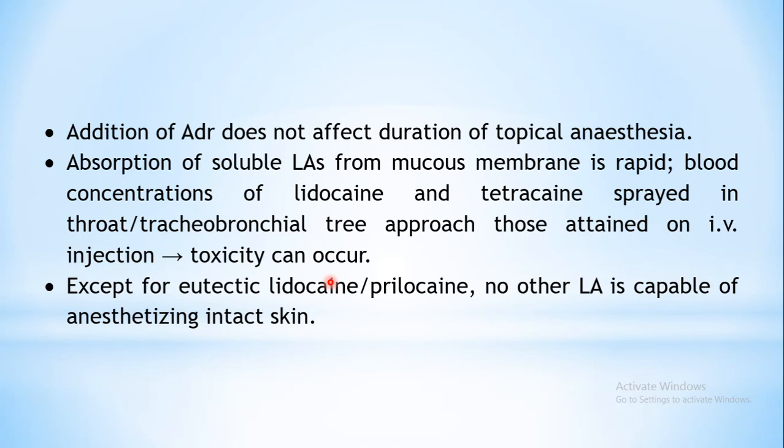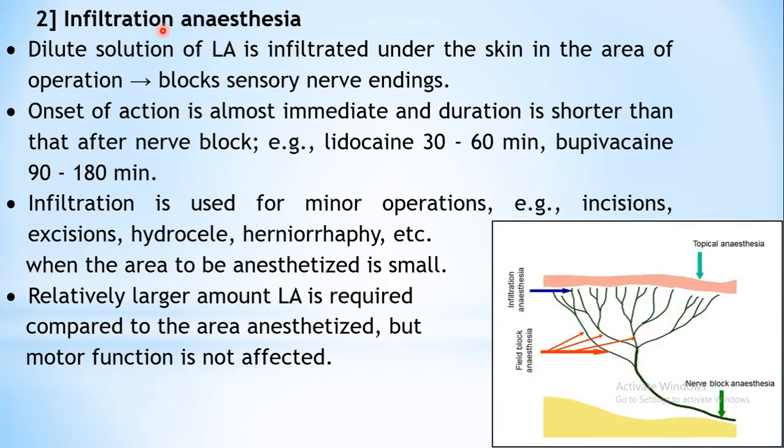Then coming to the second technique, that is infiltration anesthesia. Here dilute solutions of your local anesthetic are infiltrated under the skin. So injections will be required, with the help of a needle, with a little bit of interior penetration.